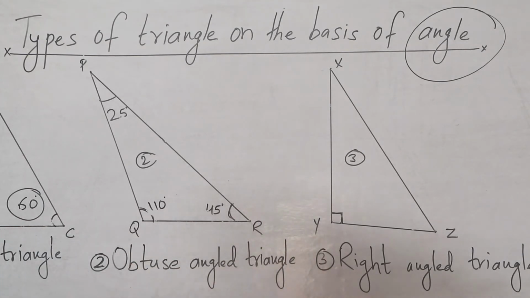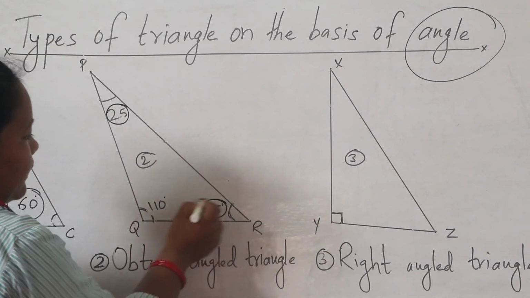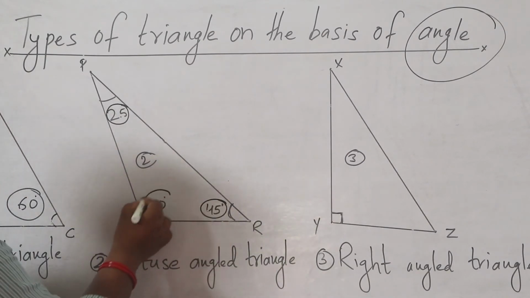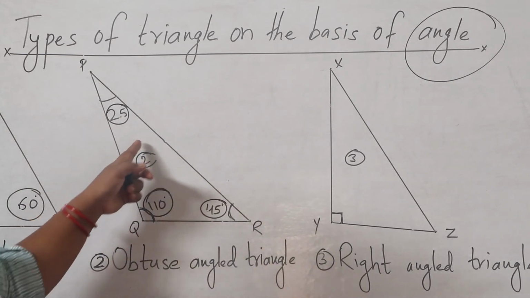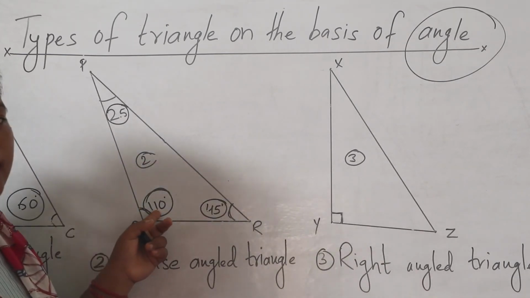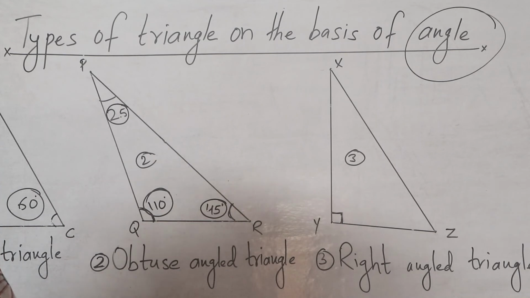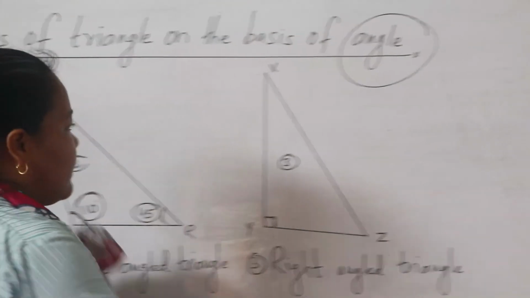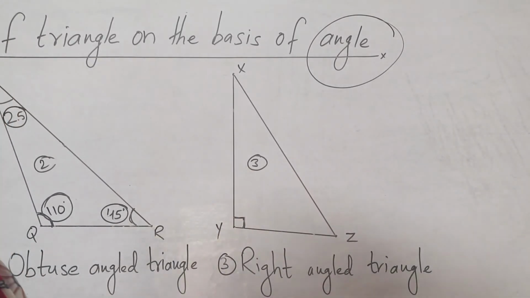In an obtuse angle triangle, 2 angles are acute, but one angle should be obtuse. If we find one angle is obtuse, then we say that type of triangle is an obtuse angle triangle.